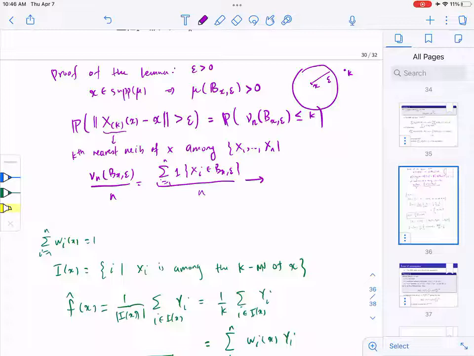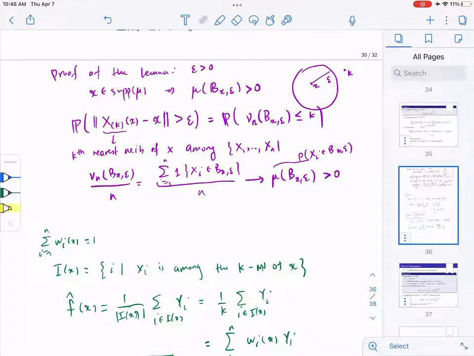These are IID Bernoulli variables. So it converges to the expectation, which is just the probability that xi is in the ball. Okay, and this is positive.